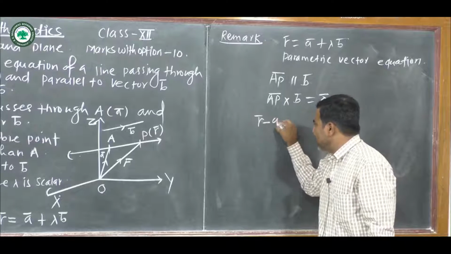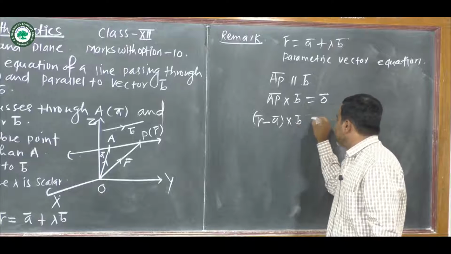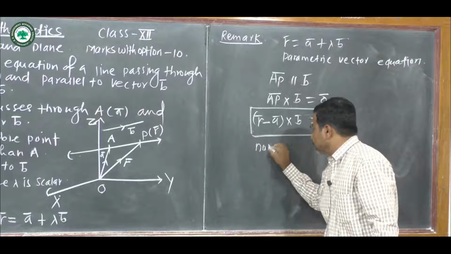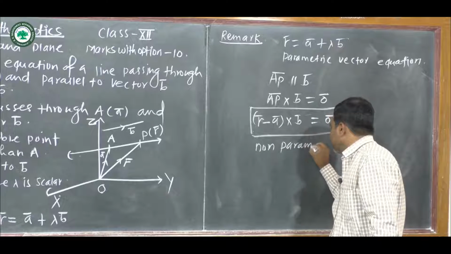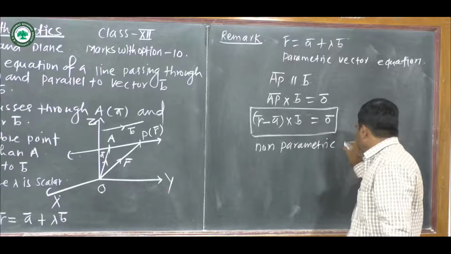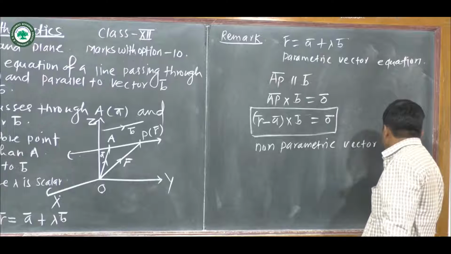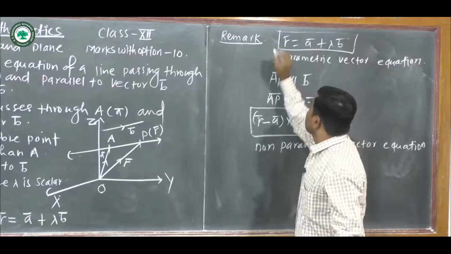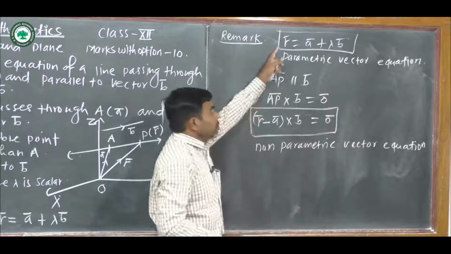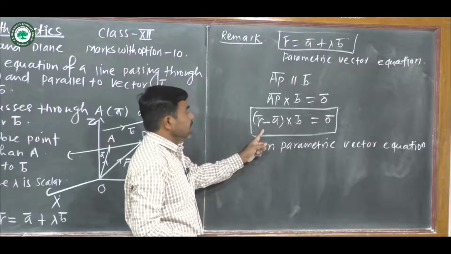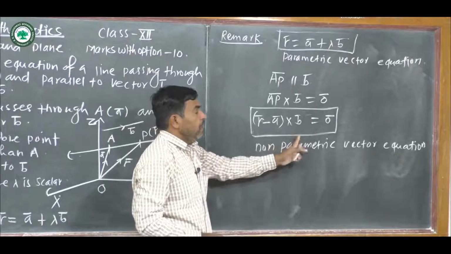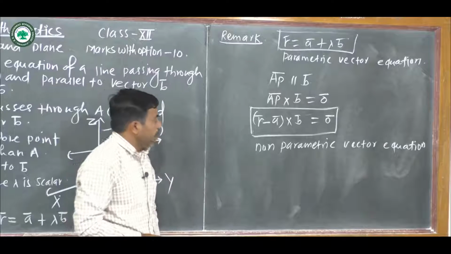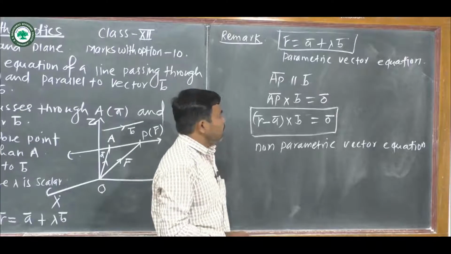It is R bar minus A bar cross B bar is equal to 0 vector, and this is called non-parametric vector equation. The first one is parametric vector equation, and this is non-parametric vector equation of a line passing through the given point and parallel to the given vector.